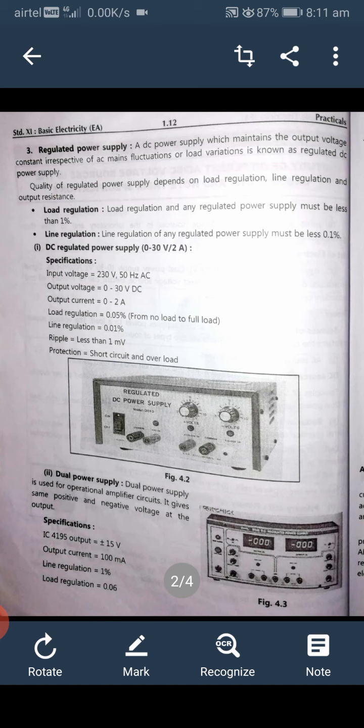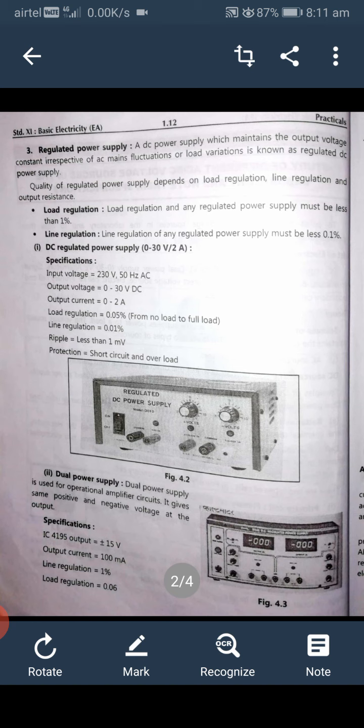Quality of a regulated power supply depends on load regulation, line regulation and output resistance. Load regulation of any regulated power supply must be less than 1%. Line regulation must be less than 0.1%.